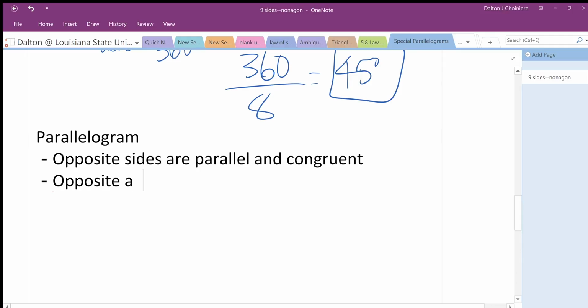Okay, tell me about opposite angles. They're what? Well, consecutive is different than opposite. Opposite angles are totally across the shape from each other. So like this one and this one are opposite.